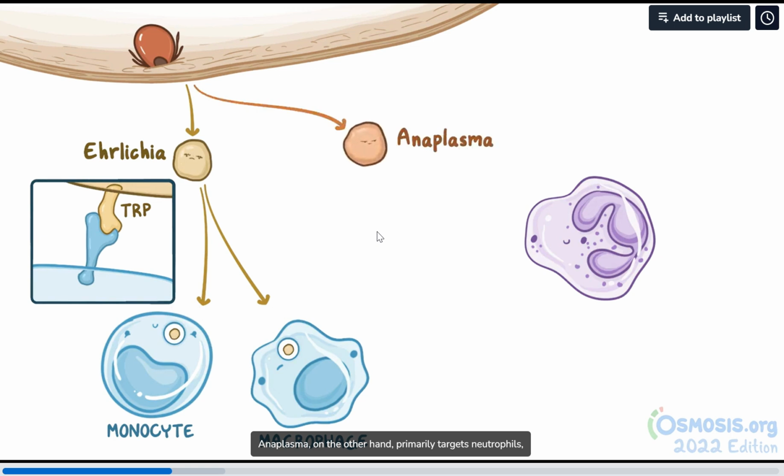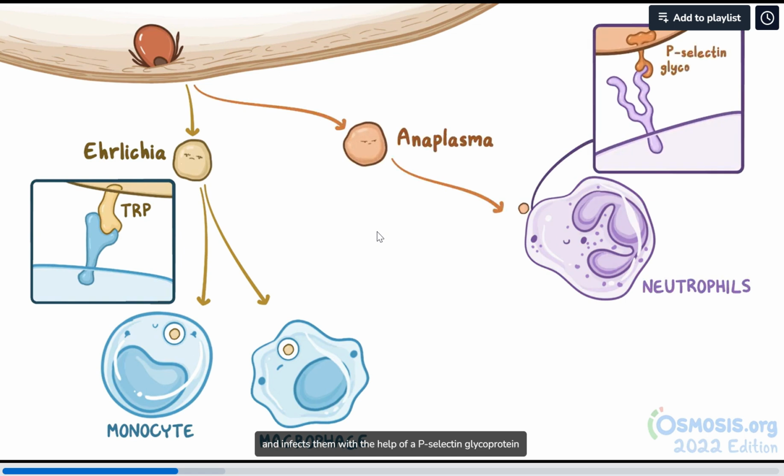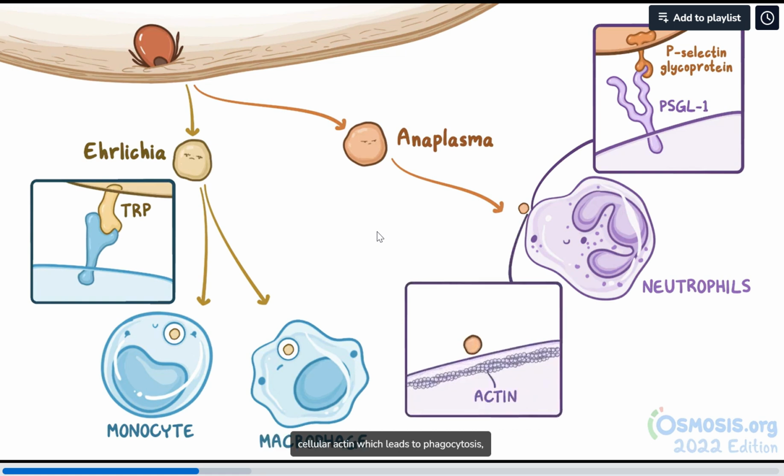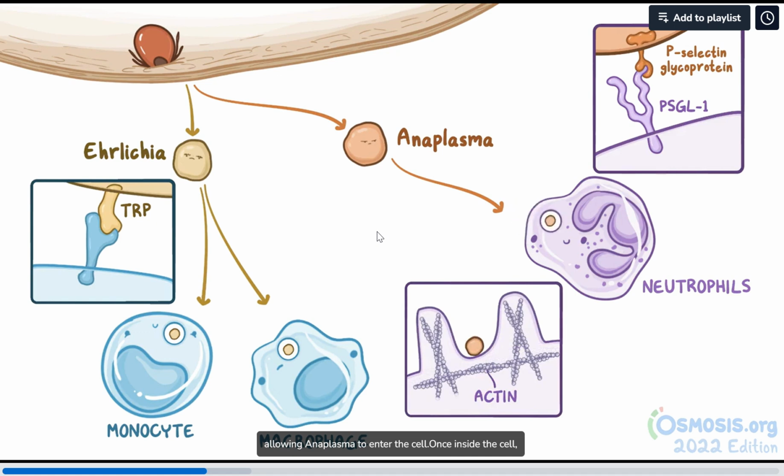Anaplasma, on the other hand, primarily targets neutrophils, and infects them with the help of a p-selectin glycoprotein, which binds on the p-selectin glycoprotein ligand 1, or PSGL1, found on the surface of neutrophils. This activates an intracellular pathway that leads to reorganization of cellular actin, which leads to phagocytosis, allowing Anaplasma to enter the cell.